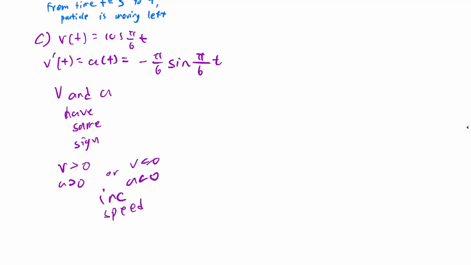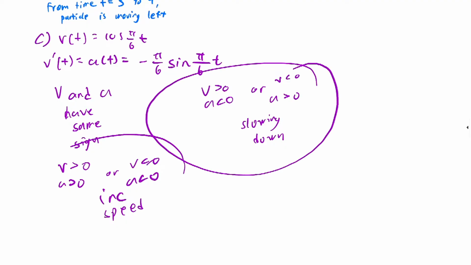But if velocity is positive and acceleration is negative, or velocity is negative but acceleration is positive, slowing down. Okay, this is really important. These are the two concepts that they're testing you on here.